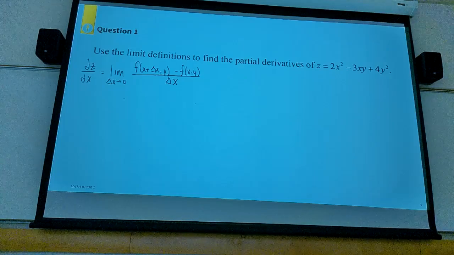And notice, even though we're taking the limit of a 2-variable function, it's a single variable limit, isn't it? Only delta x is going to 0.